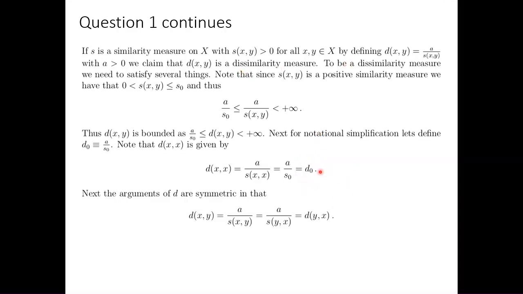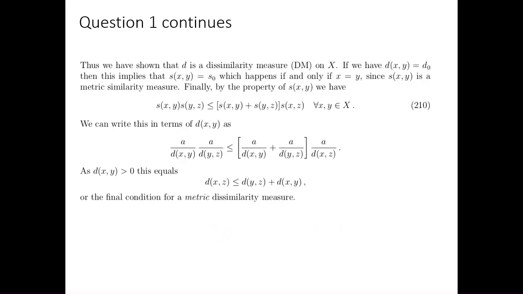It just goes to a minimum value, which is D0. But we can show that it is symmetric. That's trivial to show. And what else is left is that the similarity measure has this property. Because everything is positive, we can also write this. We just substitute the terms from the definition. Then the left-hand side becomes this, and the right-hand side becomes this.